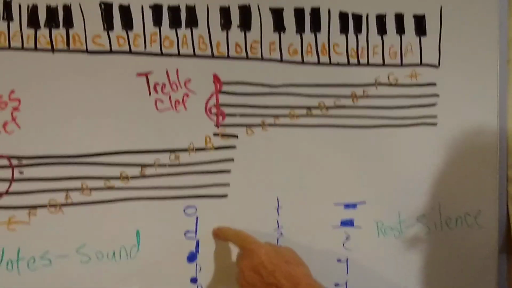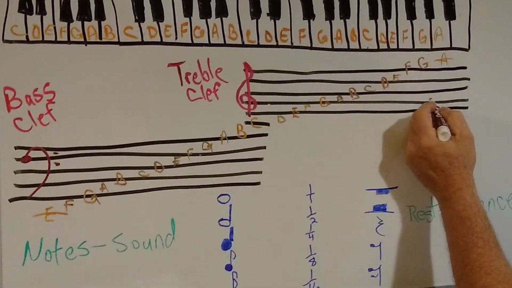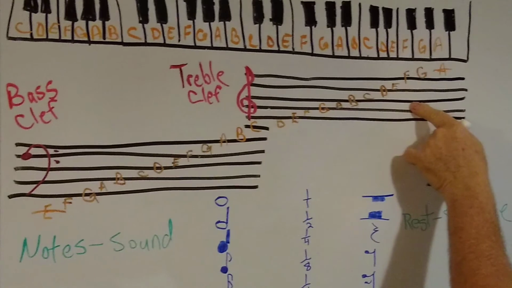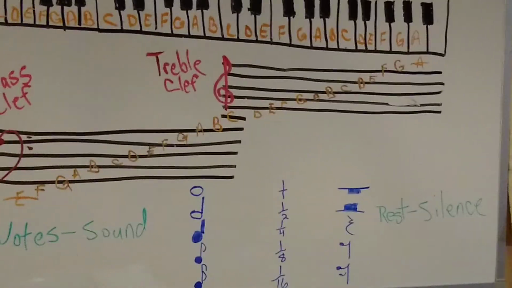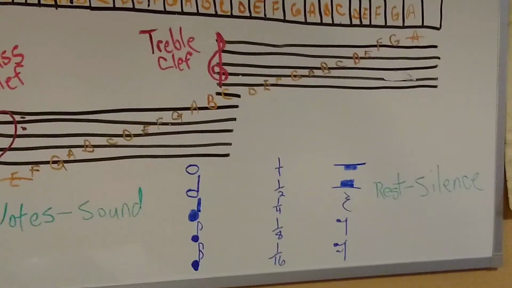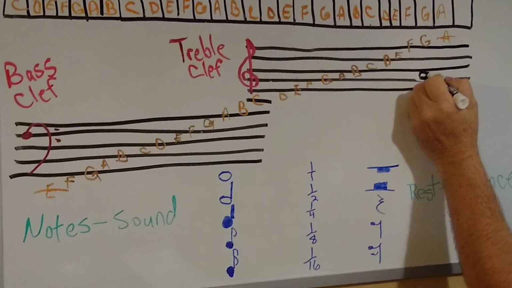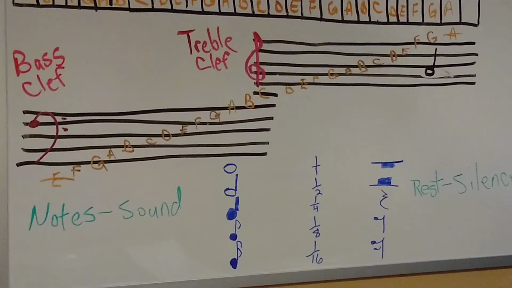For instance, if I put a half note on the space, that's my brown. It's not very good, is it? Let me get a different color here. I'll just go to the black color. So if I put the half note right here, it now has 2 names.